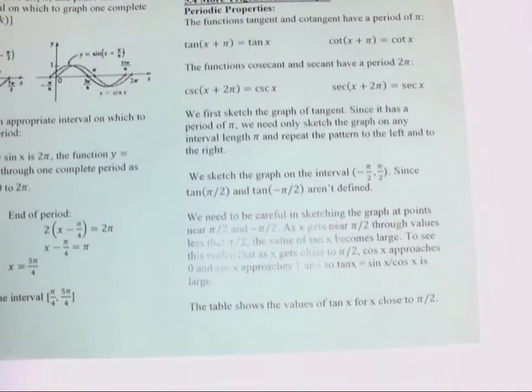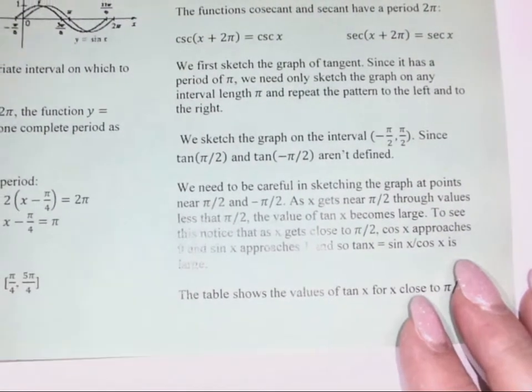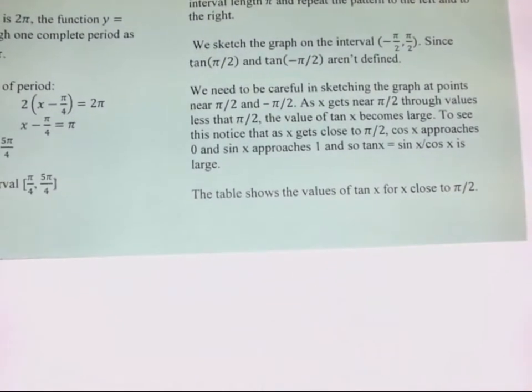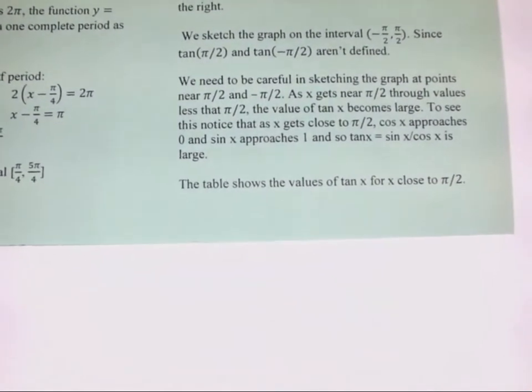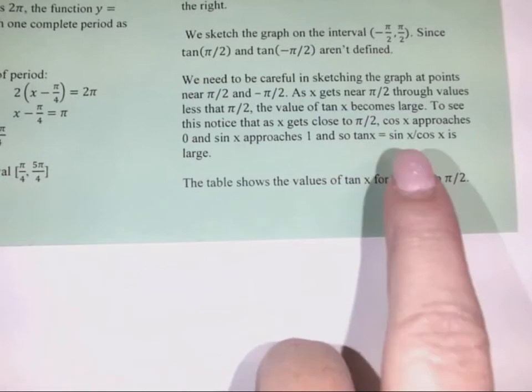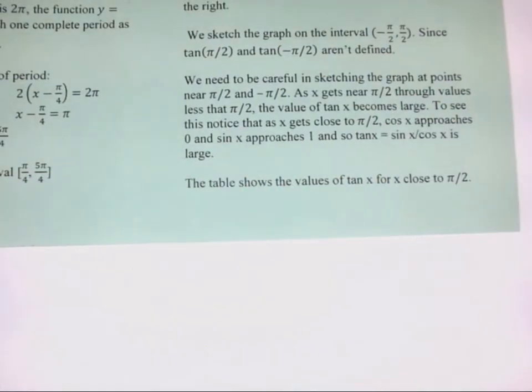So we have to be careful in sketching the graph at points near pi over 2 and negative pi over 2, because as x gets near those values, through the values that are less than that, the values of tangent x become very large.